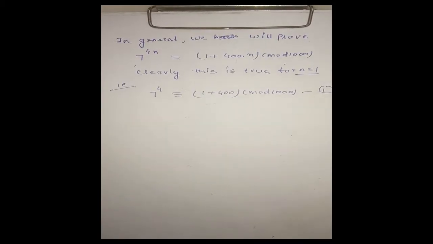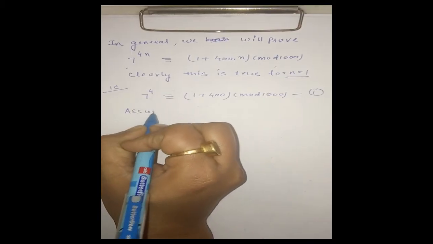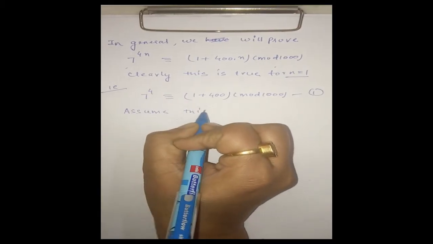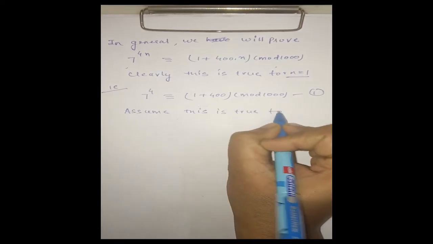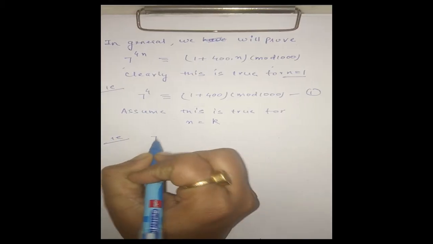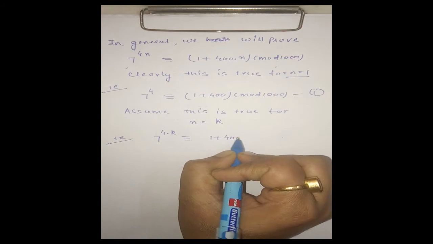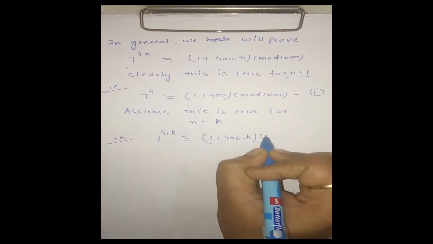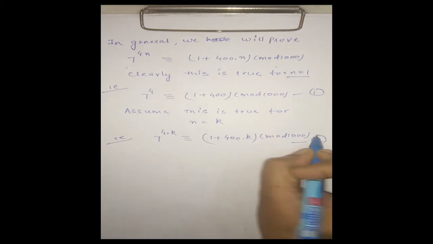Now assume this result is true for n is equal to k. That is 7 power 4k is congruent to 1 plus 400k modulo 1000. Mark this as equation 2.